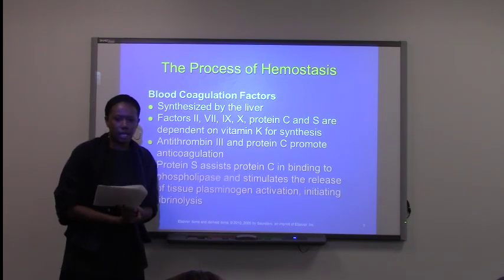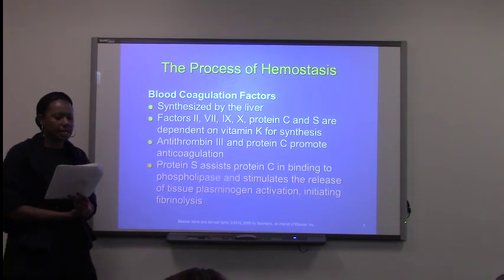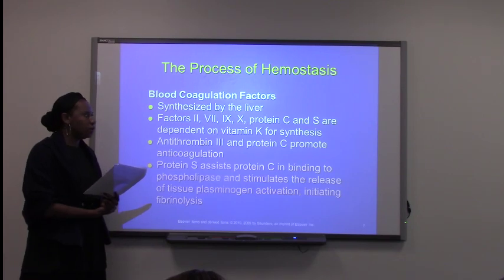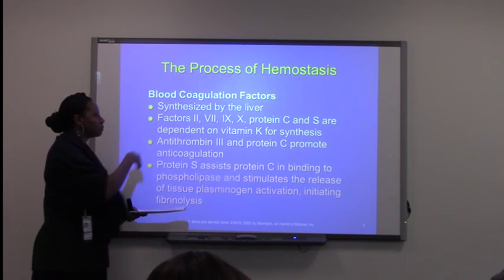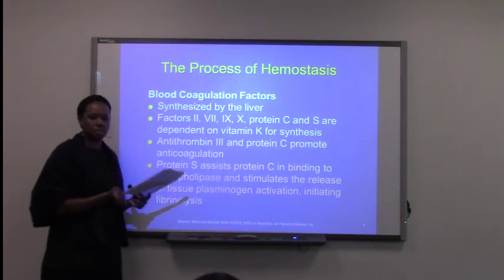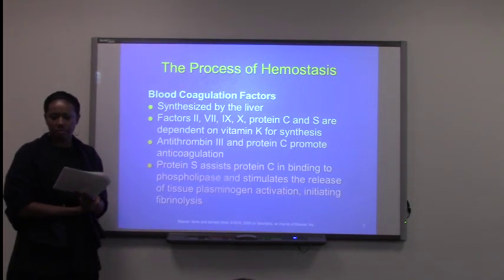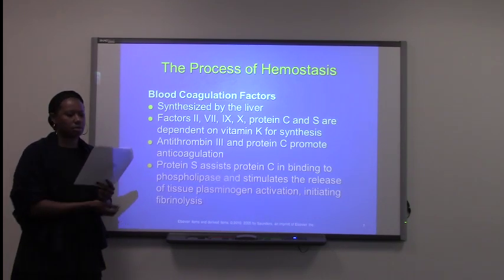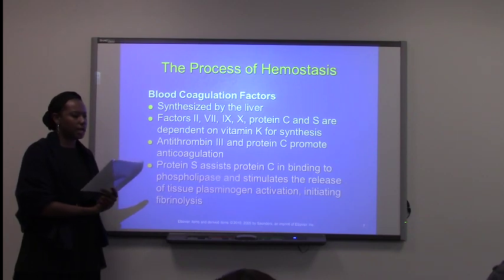So Coumadin will interfere with this process and stop it, therefore causing a decrease in coagulation.